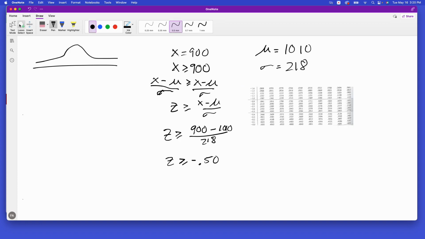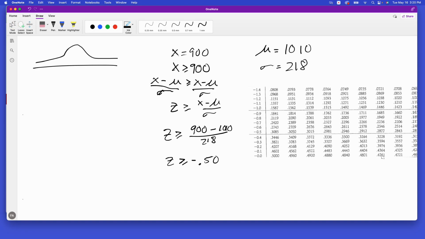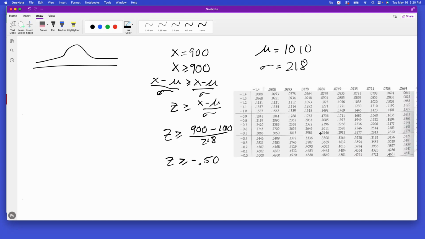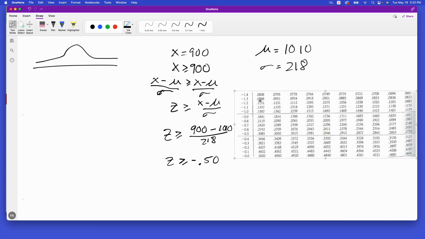Okay, what I did is I grabbed this sheet here. This is actually an image from a z table, a z chart, however you want to describe that. The first columns are different values.